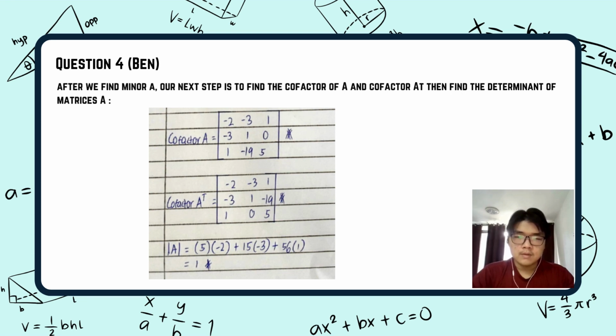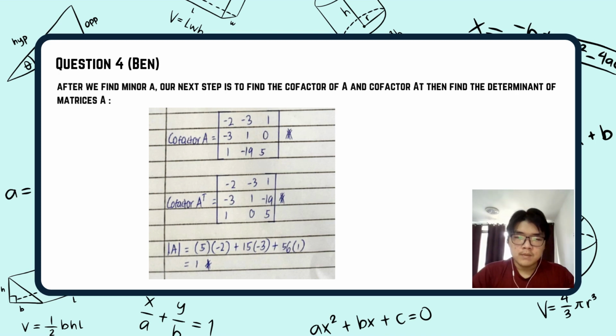After we have done all that, we are able to find the determinant of matrix A. The formula for the determinant is A11 times C11, plus A12 times C12, plus A13 times C13. That is how we get our determinant.